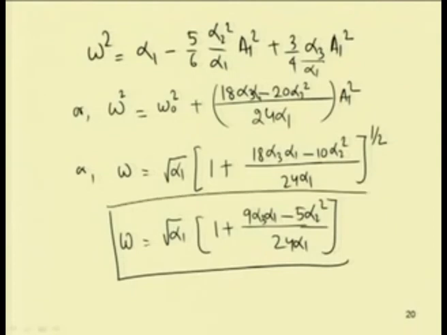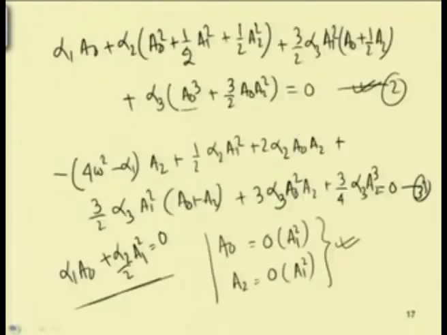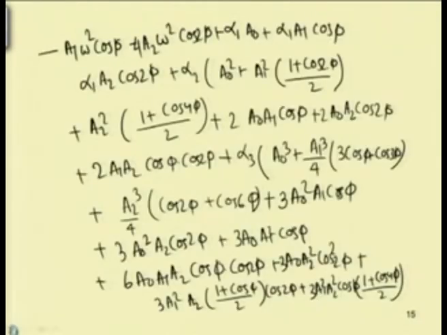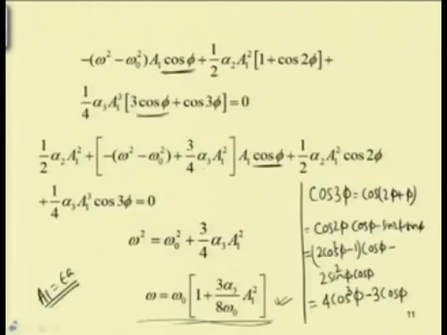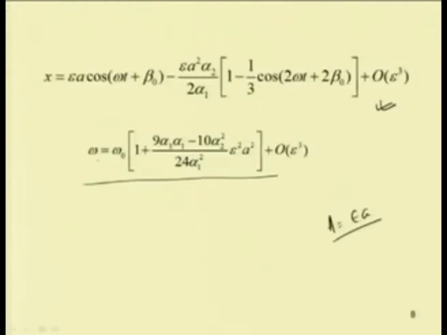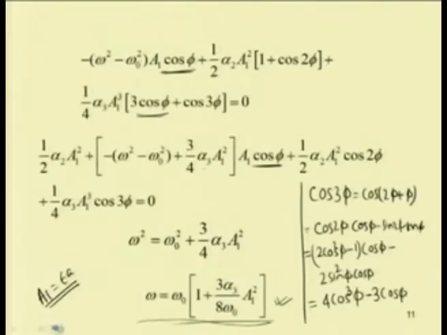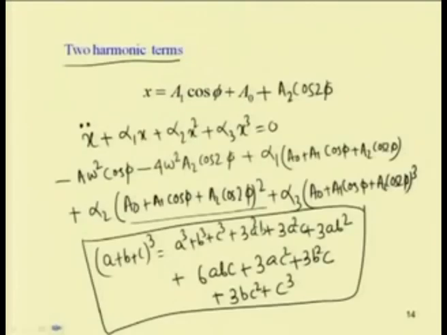So, this expression is the same as what we obtained in case of the method of multiple scale. In the method of multiple scale we have this expression: omega equal to omega 0 into 1 plus 9 alpha 3 alpha 1 minus 10 alpha 2 square by epsilon square a square, and in the present case also we obtain the same expression.